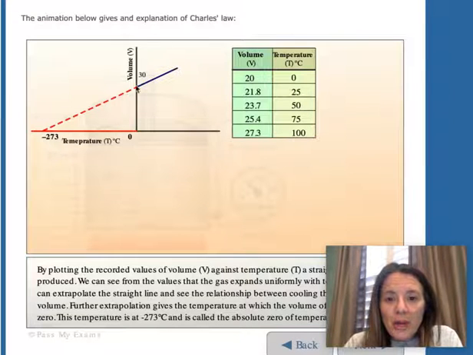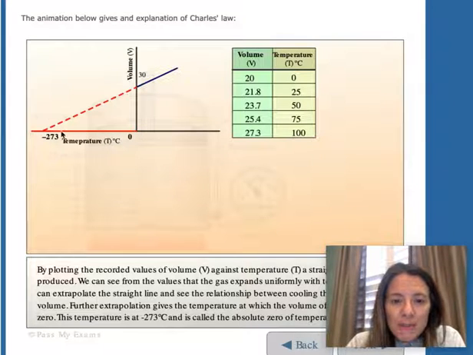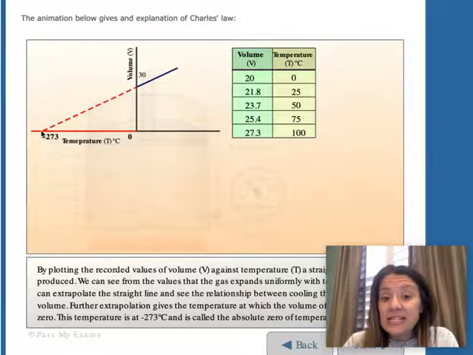When we are at zero volume, at this junction here, what is the temperature at which gas particles occupy zero volume? This temperature should be very significant to you.